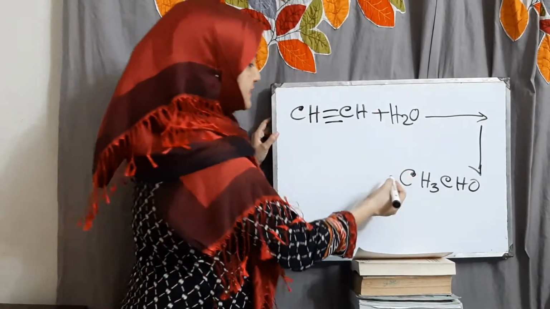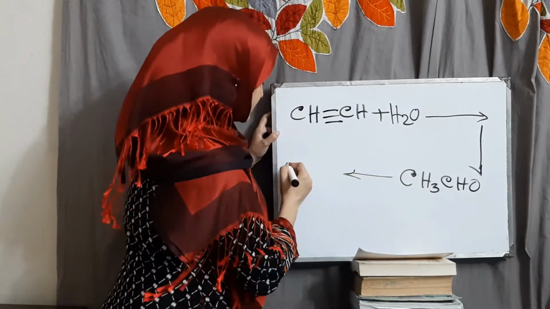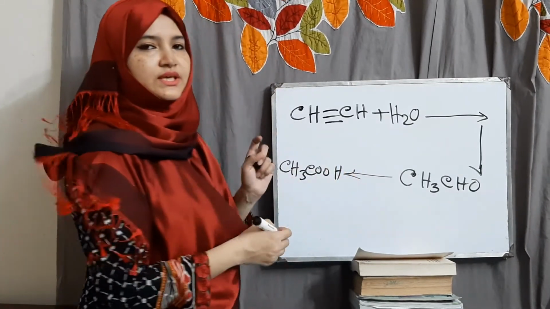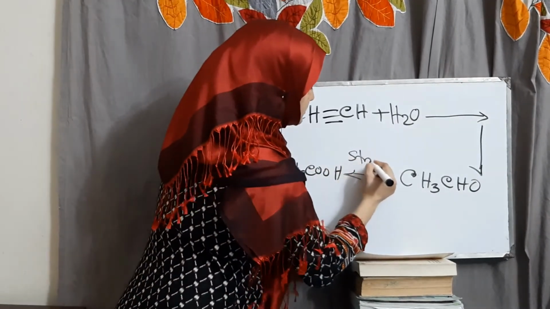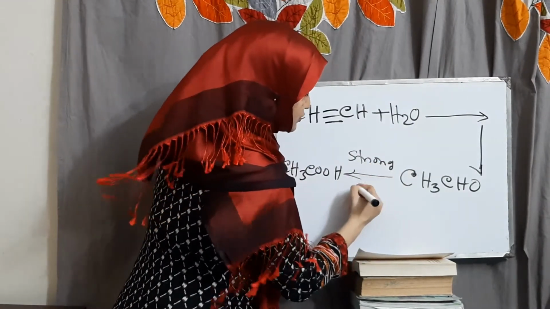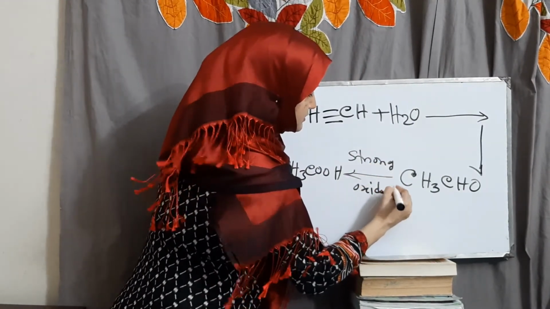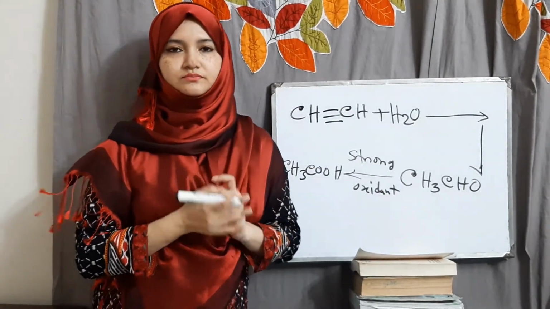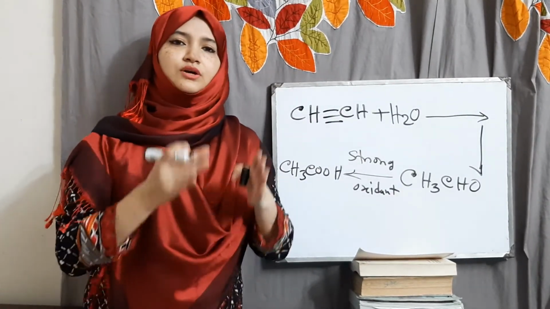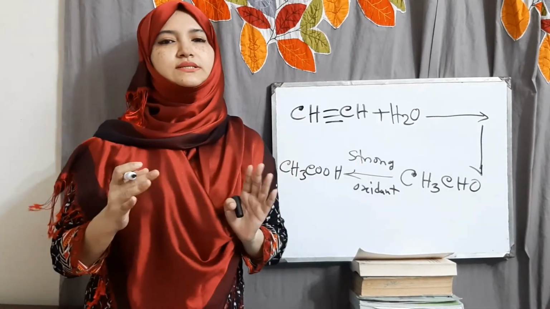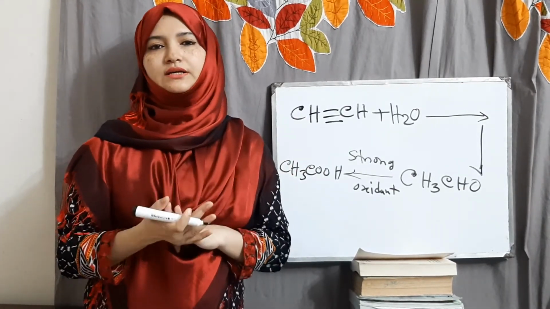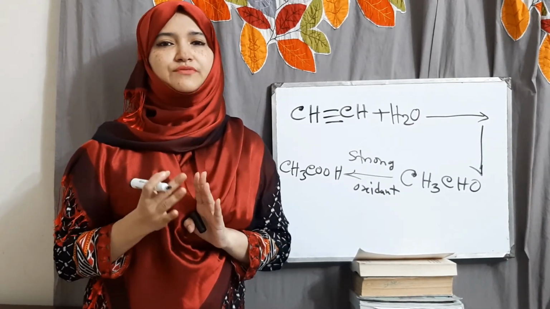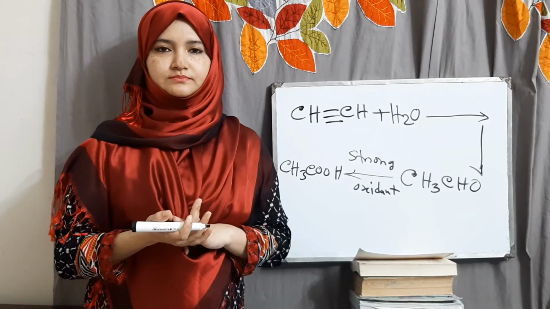Then this aldehyde converts into carboxylic acid by using the strong oxidant potassium dichromate and dilute sulfuric acid. I think all these series of reactions are very clear to you students, and very important, you have to practice them at home.